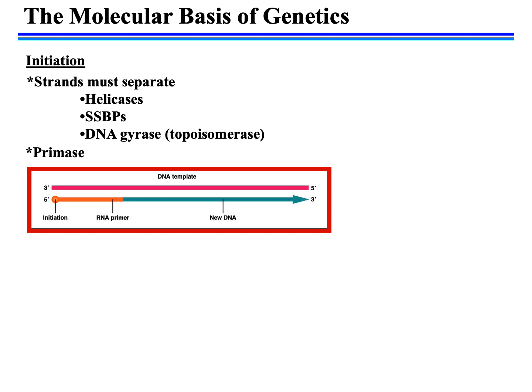Primase is an enzyme that synthesizes RNA, and it synthesizes what's known as the RNA primer. The RNA primer is a short sequence of RNA that then acts as an attachment point for DNA polymerase 3 to jump on and begin adding nucleotides one right after the other.